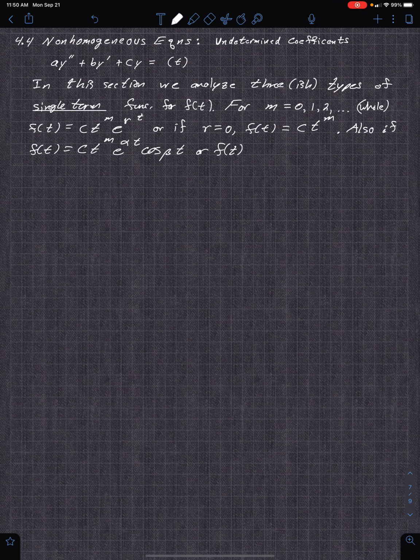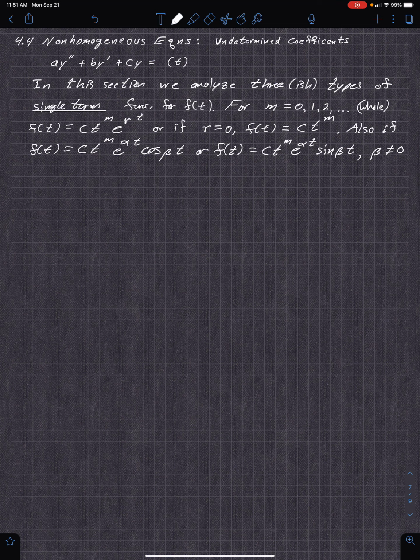So f of t equal to c t to the m e to the alpha t sine beta t. And this is beta non-zero. So we want to have basically sine and cosine in there.